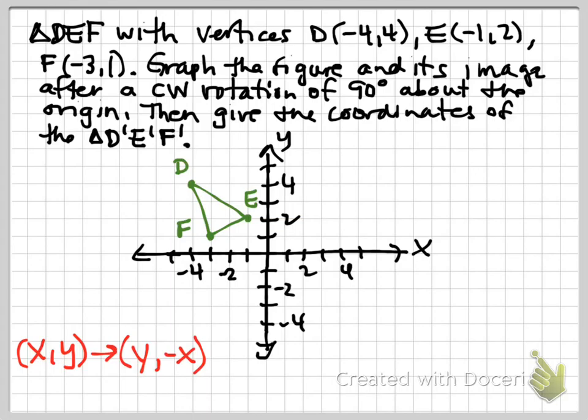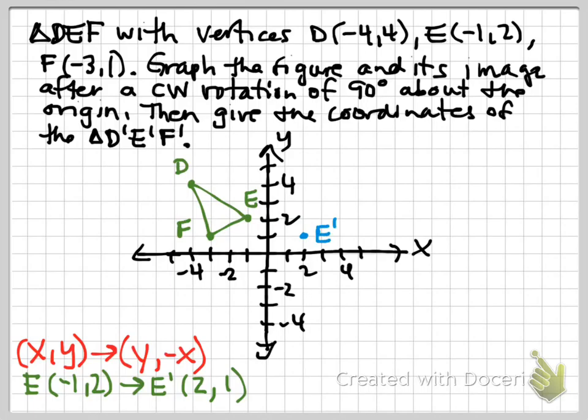So I can do this with point E to help me start off the process. E is at -1, 2. According to the rule, E prime is going to be at 2, and the opposite of -1 is 1. So here is where E prime ends up, at 2, 1.